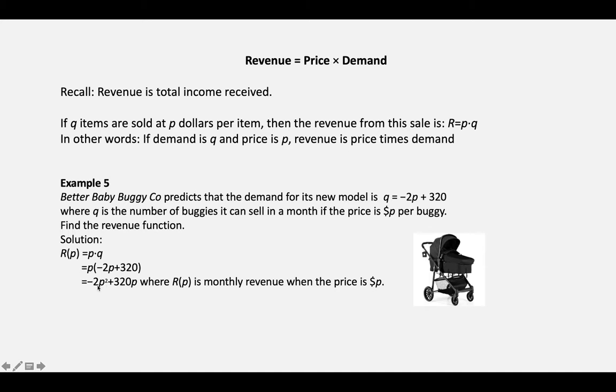Well, since you can see the p squared term and the p term there, this is in standard form. So just for the sake of talking about it, a would be negative 2, b would be 320, and c, our constant, would be 0. So just helping you analyze what you would do from there. If we were finding the vertex of this, we would do negative b over 2a for the p value, and then we would plug in that value for p and figure out what the revenue at that price would be.